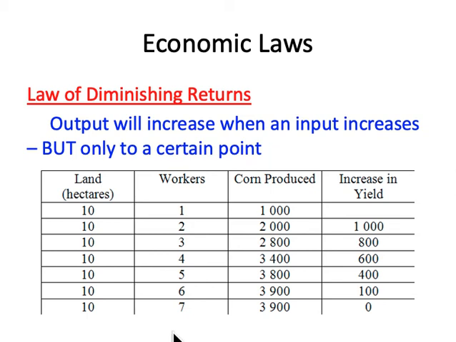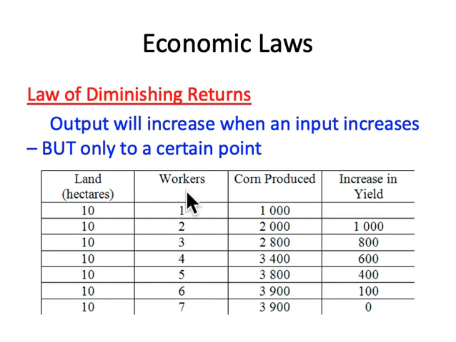And so we're overworking our land. You know, it's very simple. If I said this was 7 million people, you're not going to fit 7 million people on 10 hectares of land, right? What if this was 10, 20, 30, 40, 50, 60, 70 people? 100, 200, 300, 700 people, right?